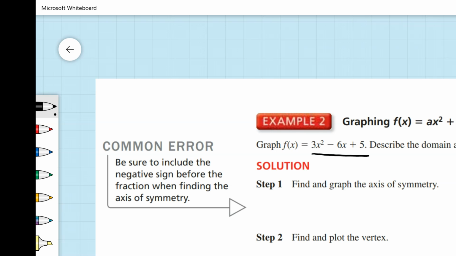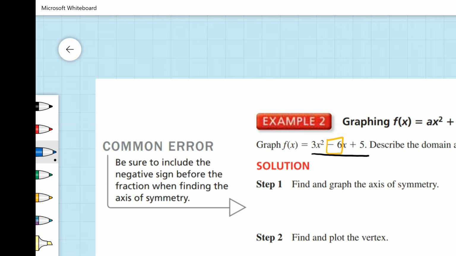So we know once again that x equals negative b over 2a, and this time b is negative 6. So if we've got negative b, then that's going to be negative negative 6, which is positive 6. And that will be divided by 2 times 3, which is 6. So the x-coordinate here is going to be 1.